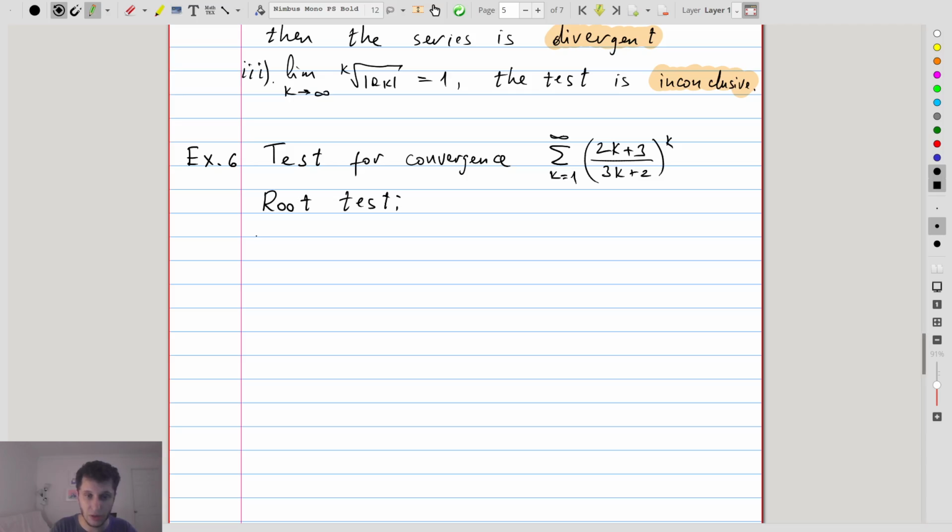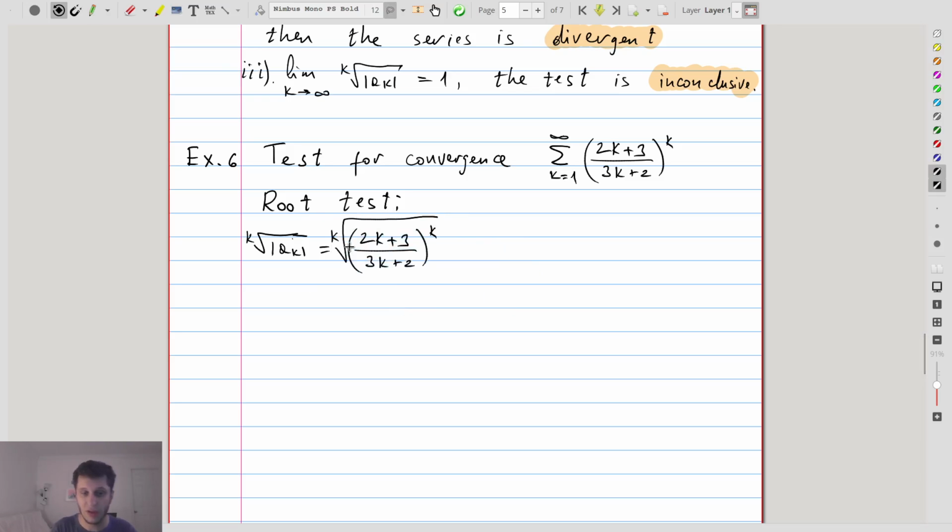On the other hand, for the root test, which we're going to apply now, things are much easier. So notice that we have to compute the kth order root of the absolute value of a_k. First of all, the absolute value of a_k is a_k itself. So we have to take the kth order root of this expression here.